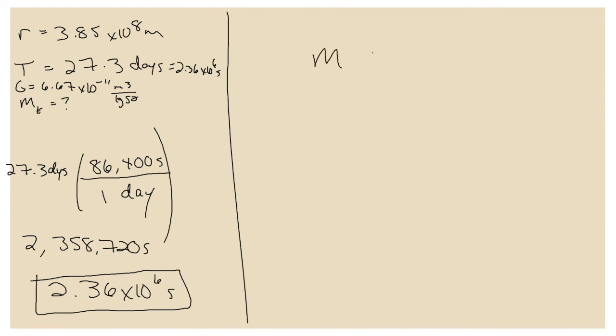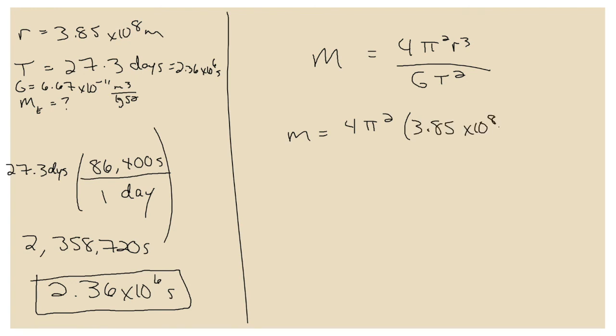According to that equation we just derived, the mass of the Earth is going to be 4 pi squared r cubed over G times the period squared. And so we get 4 pi squared r cubed, which is 3.85 times 10 to the 8 meters.